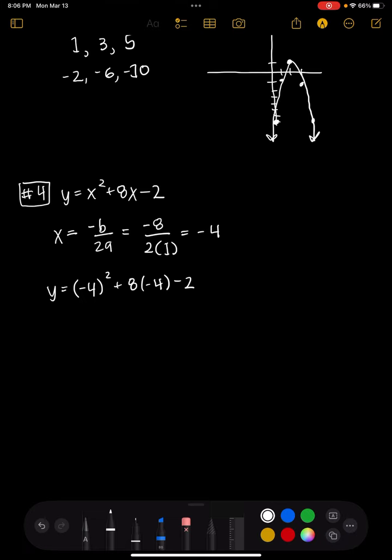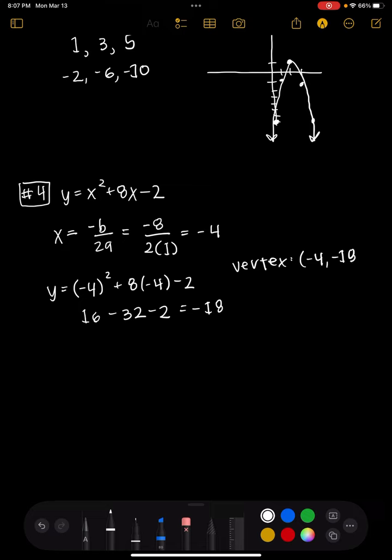The calculator sometimes can't read what you want to happen unless you're very specific about it. So you want to make sure you put those numbers in parentheses. So when I simplify that, I'm going to have 16 minus 32 minus 2, which gives me a negative 18. And so my vertex in this case is (negative 4, negative 18).